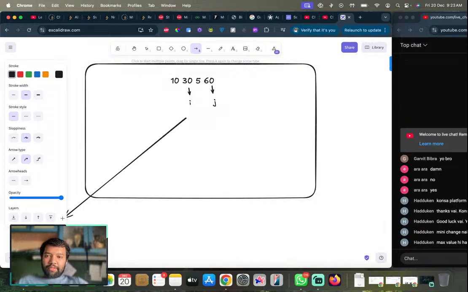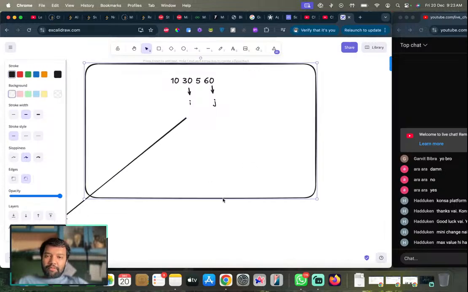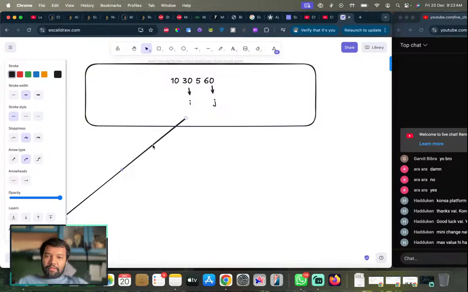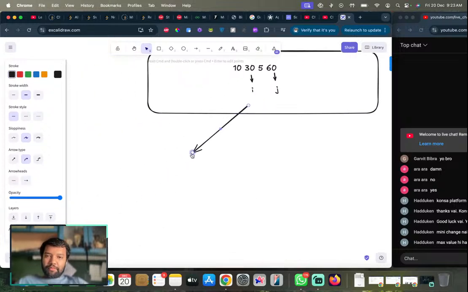So first thing that we do is then into 30 into 60 plus.